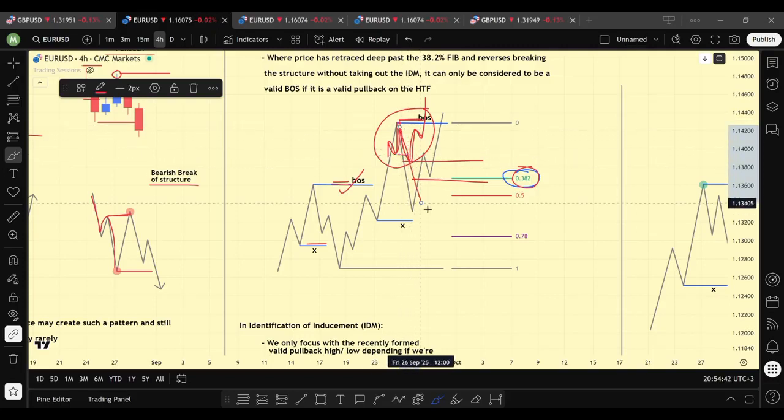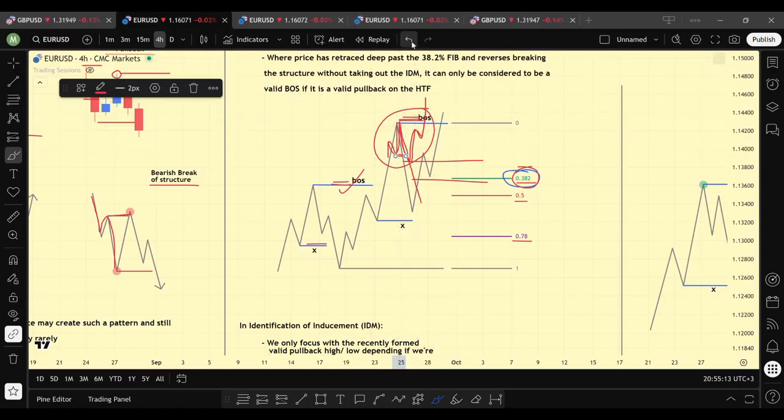If the retracement is deep, somewhere past the 50% or even past the 78, then I'll be more convinced that it is a break of structure than when the retracement was just like here, not even past the 38.2. So even though our pattern has been created, and we know the market is an uncertain environment, I'm still doubting if this is a valid break of structure.